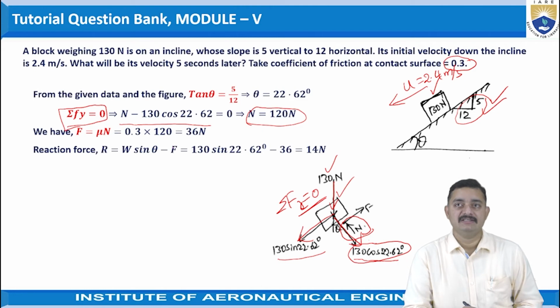Why are we considering this as minus? Because this F is taken in the opposite direction and this 130 sin 22.62 degrees is taken as positive.